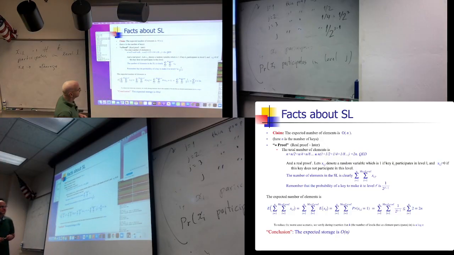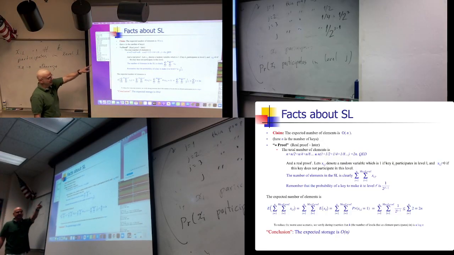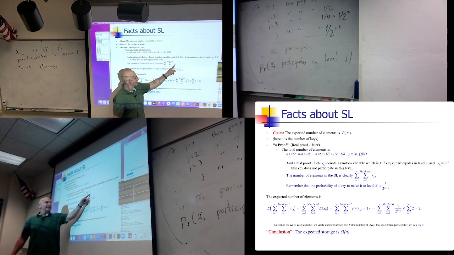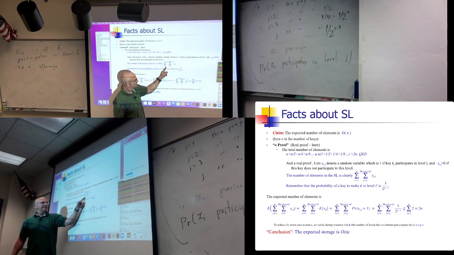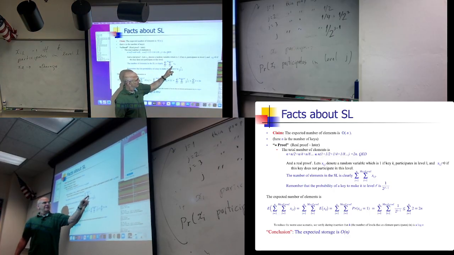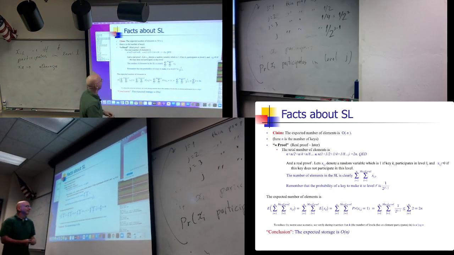Oh, OK. Everybody feels convenient that this sum, what do I sum here? I run over all the keys. i goes from 1 to n. I go over all the elements, and I look at xil.